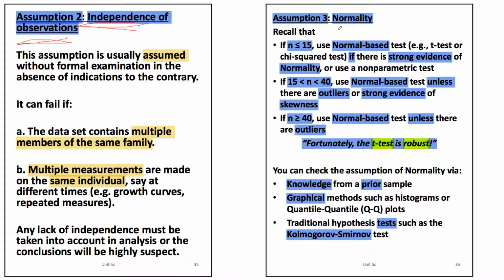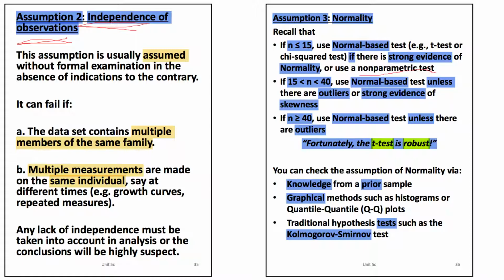And then normality. This is kind of a rule of thumb. How do you define normality? If n is smaller than 15, we use a normal-based test like a t-test or chi-square test only if there is strong evidence of normality, or we just use a non-parametric test.